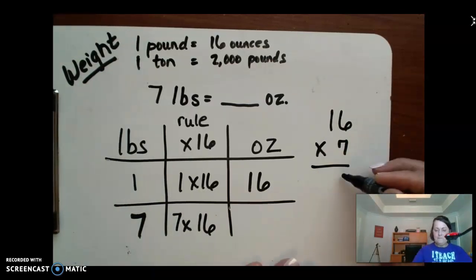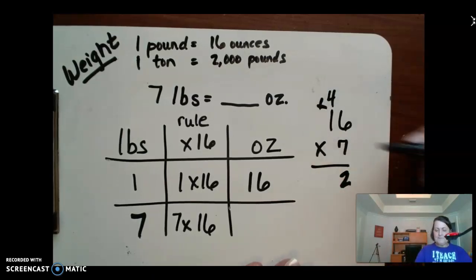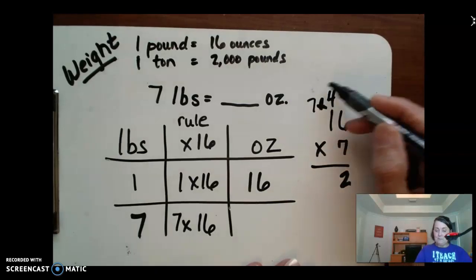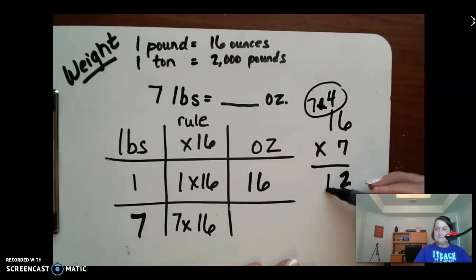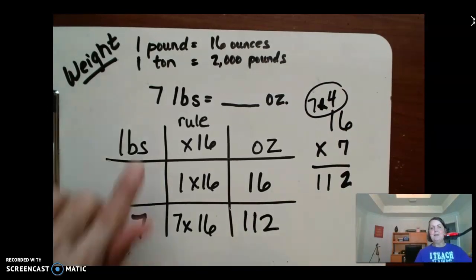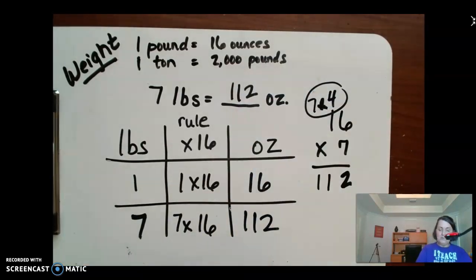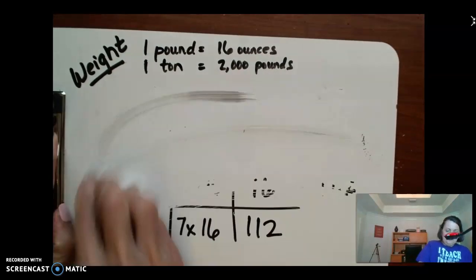You said 42. You are correct. And then we're going to say 7 times 1 is 7, plus 4 is 11. So, what is our answer? 7 pounds is equal to 112 ounces. Excellent, excellent.